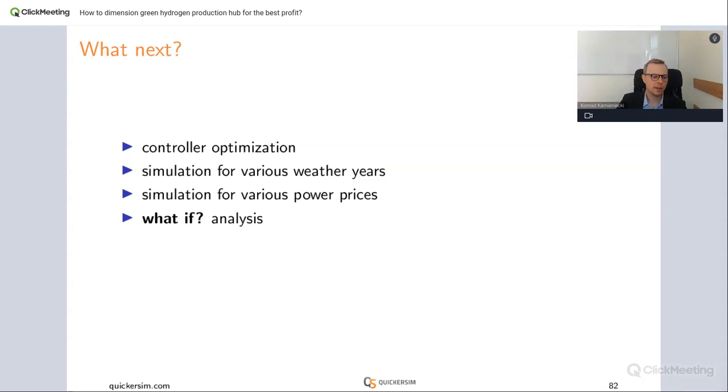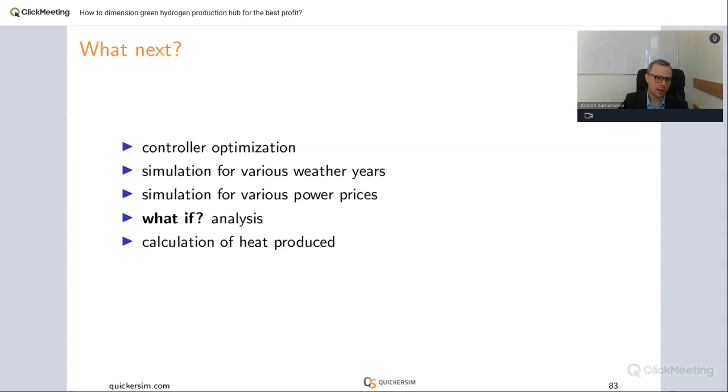What will happen if the price of power increases, I don't know, 3 times? What will happen if the weather is, I don't know, 10% worse than we assumed? For example, when you take a credit in a bank, the bank gives you some ideas of what will happen where the percentage for the credit will increase or decrease. So we can make something similar here.